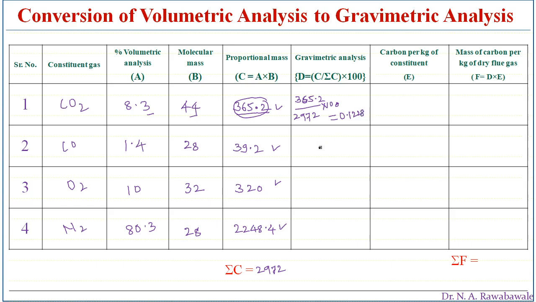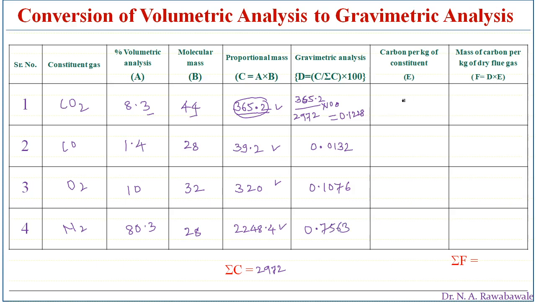Similarly, for the rest we will write directly: 0.0132, then 0.1076, since 320 divided by 2972 is 0.1076, and here this will be 0.7563. So carbon per kg of constituent we can find here.